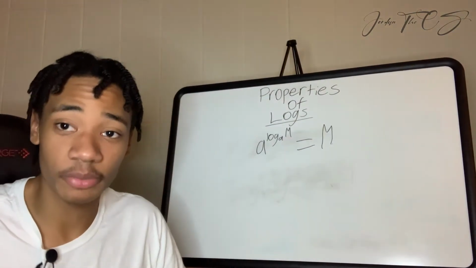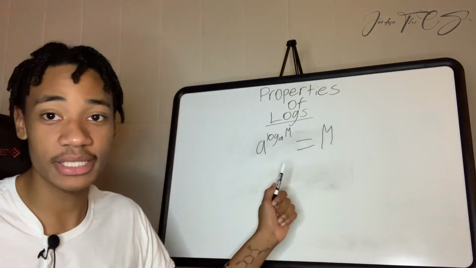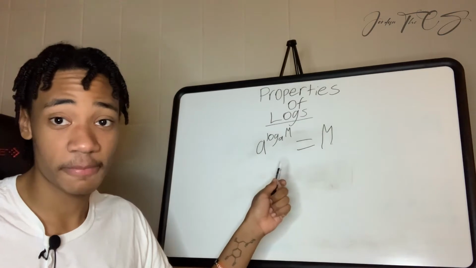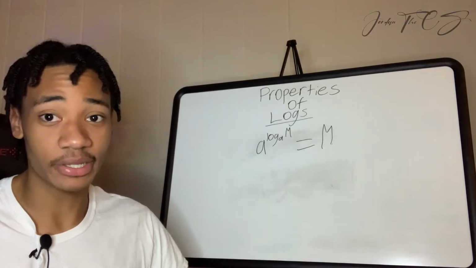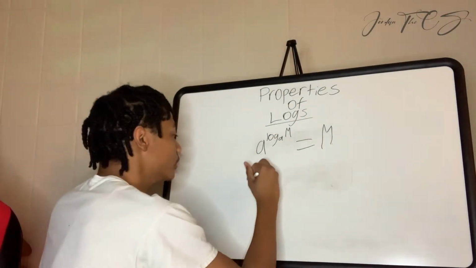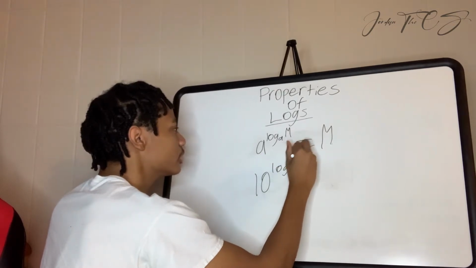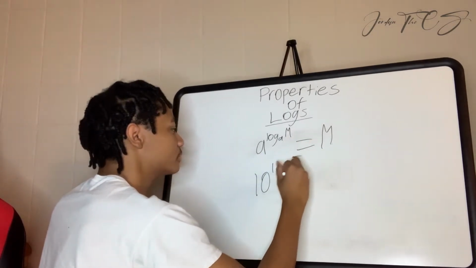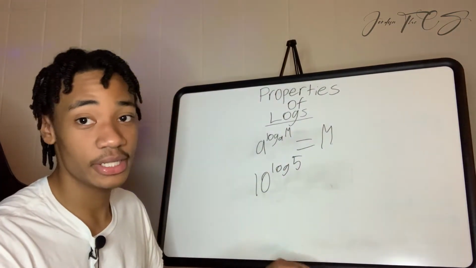So the next property I'm going to teach you guys is a to the power of log base a of m equals m. No matter what. I'm going to give you guys a quick example. So we have 10 to the power of log 5, right? And remember, log equals log base 10.